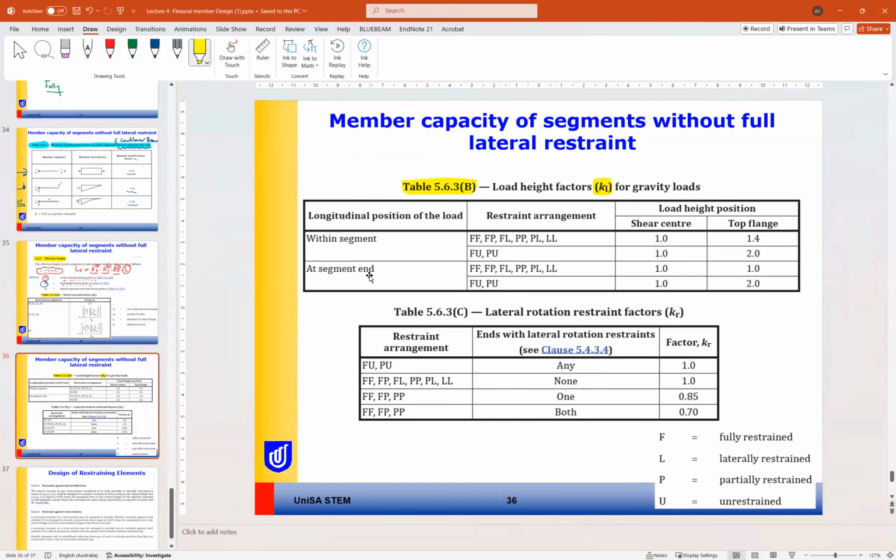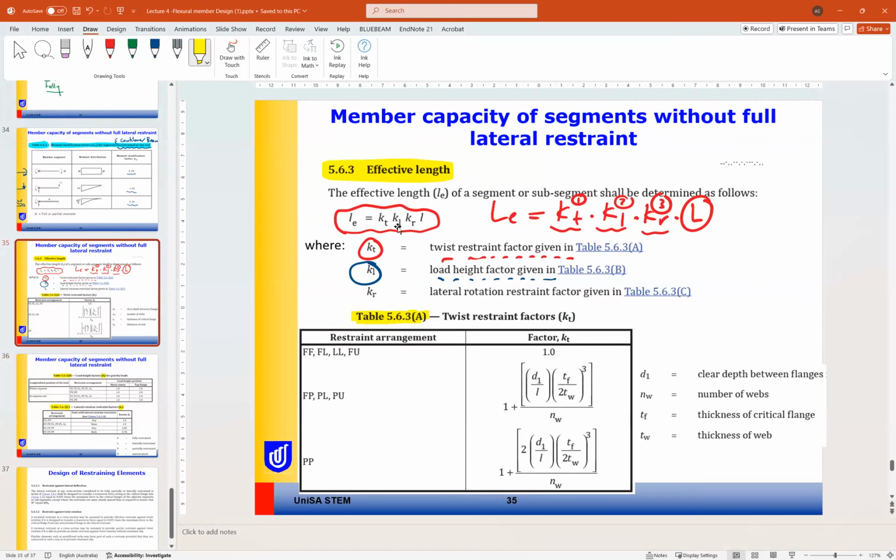And the last factor KR in table 5.6.3c, this KR. So the three factors KT, KL, KR are given in tables 5.6.3 A, B, C. How to find KT?